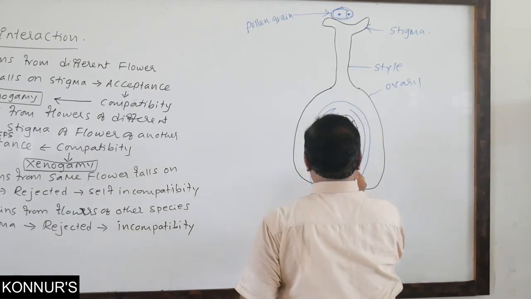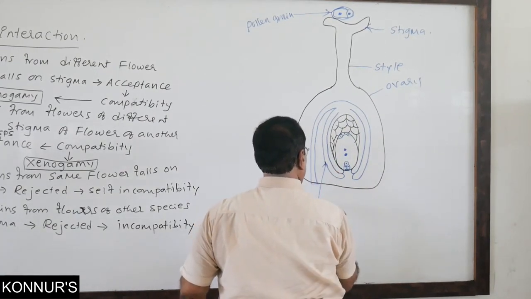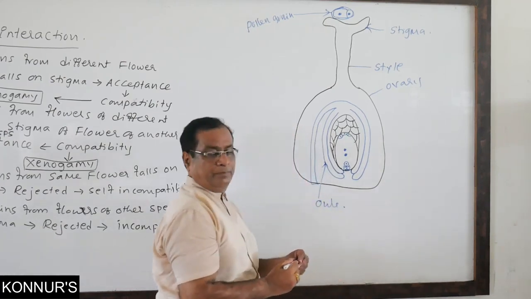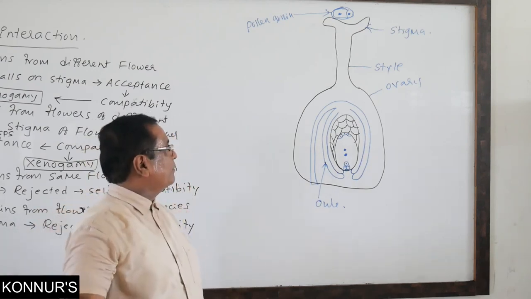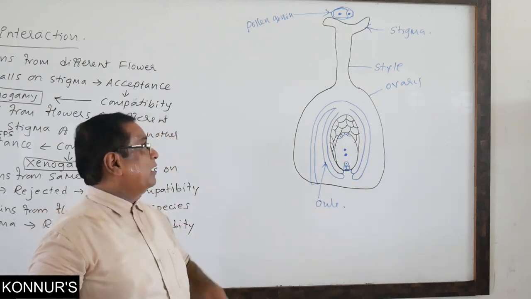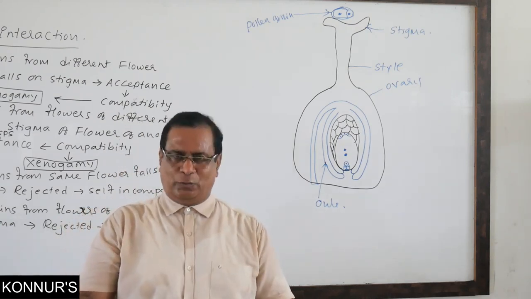In this ovary there is an ovule. When it is accepted, that pollen grain germination starts, otherwise no.